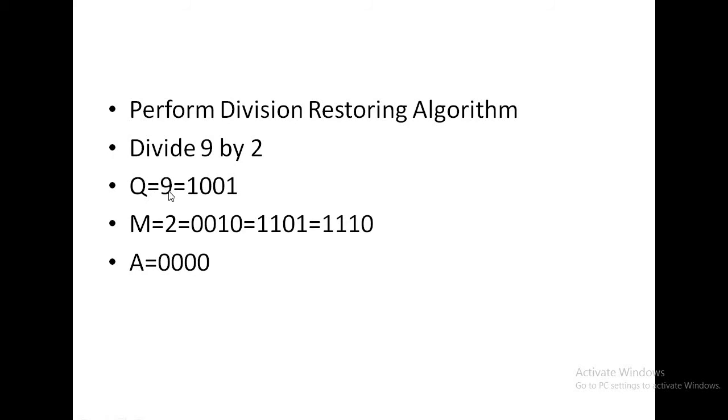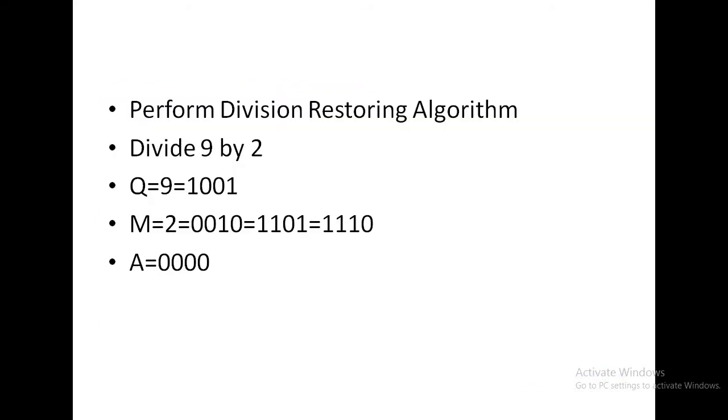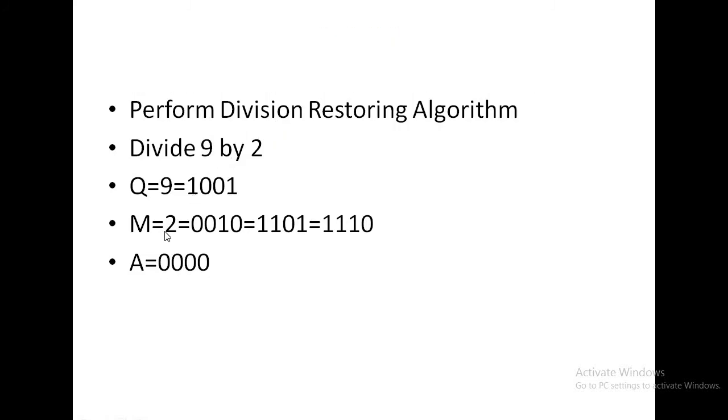So Q is equal to 9 and the binary representation of 9 is 1001. And M is the divisor. So M is equal to 2. 2 means 0010 in 4-bit binary representation.